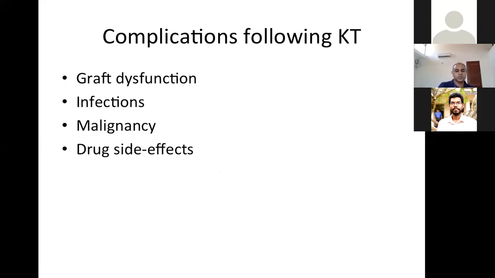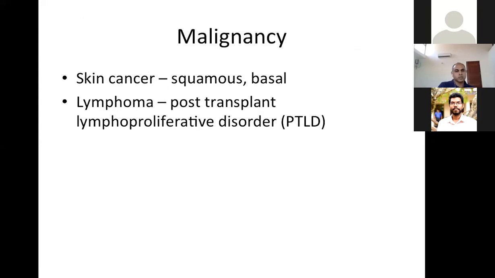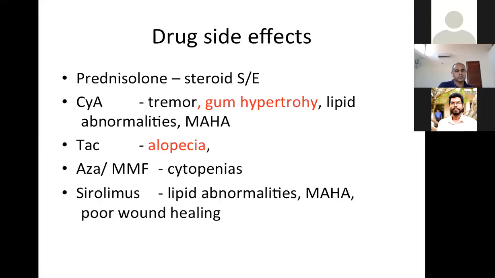All these things you need to have a bit of idea. I will share these slides with you, so you can go through them. But the most important thing you need to remember is that this is the best mode of renal replacement therapy, and some of the side effects of these medications also you need to keep in mind.